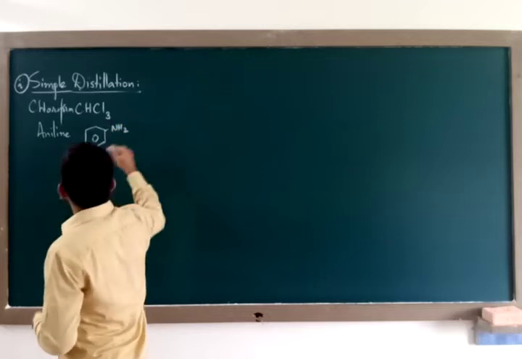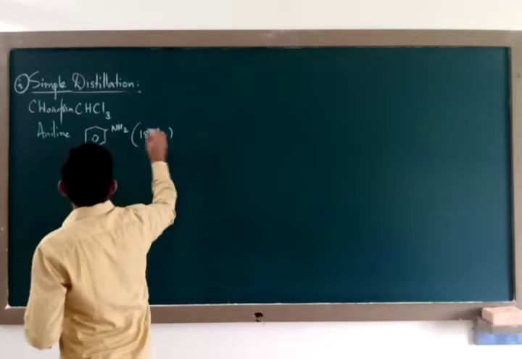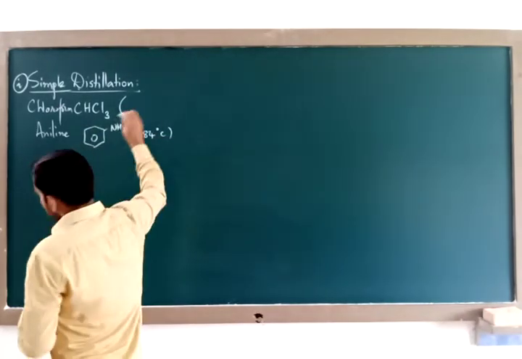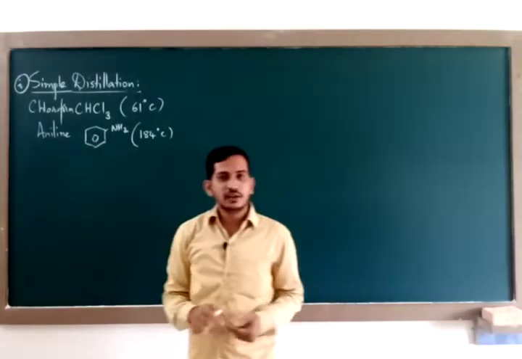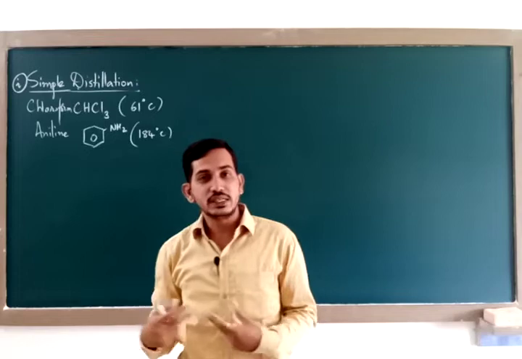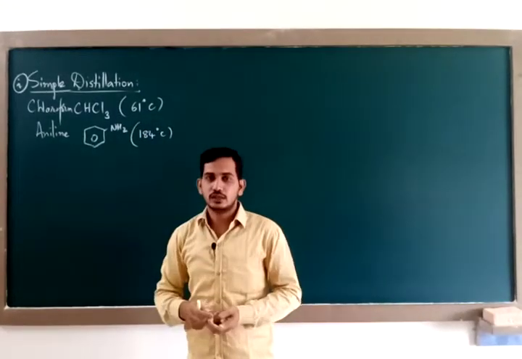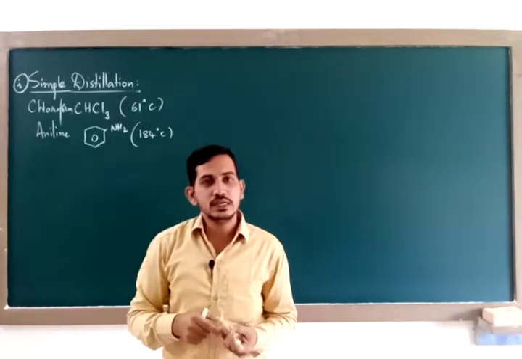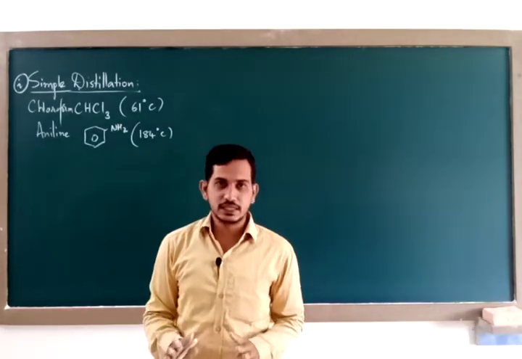If these two are mixed with each other, aniline's boiling point is 184 degrees Celsius and chloroform, if I am not wrong, is 61 degrees Celsius. Now we have two liquids whose boiling point difference is very large. Subtract 61 from 184, it is a very large difference. So only those liquids whose boiling point difference is very large can be separated by simple distillation.